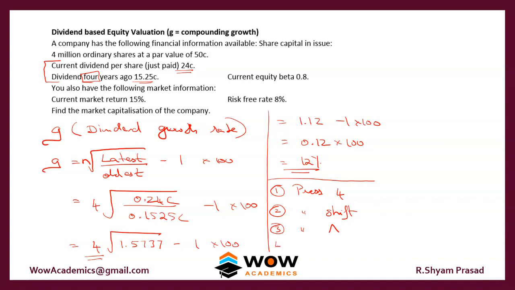Press that, and once you have pressed that, press the number 1.5737, and finally press the equal button. You will get the answer like this. So from there you can do these steps and you'll get the answer. So as per our problem, our G is 12%.